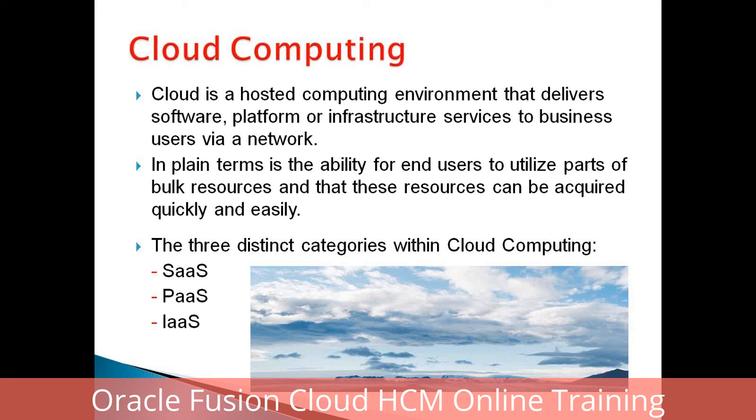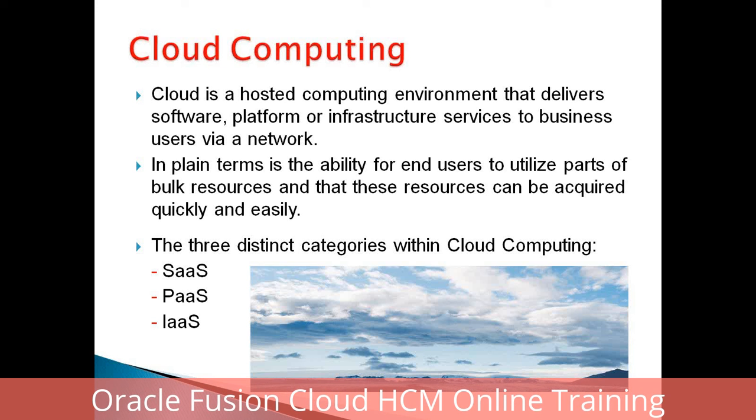As we said, cloud is a broad collection of services. So organizations can choose where, when, and how they use cloud computing. In plain terms, cloud computing is nothing but the ability for the end users to utilize parts of bulk resources. And also, these resources can be acquired quickly and very easily.